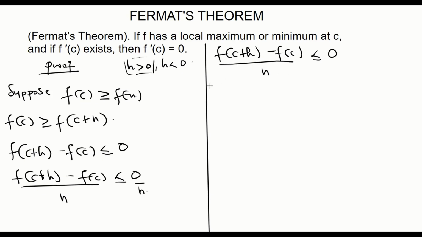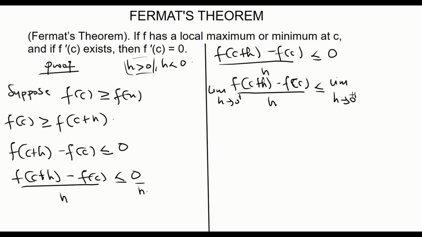That is going to mean that I'm having my limit as h approaches 0 from the right hand side of f at c plus h minus the function at c all over h should be less than or equal to the limit as h approaches 0 from the right hand side of 0, which is definitely equal to 0.